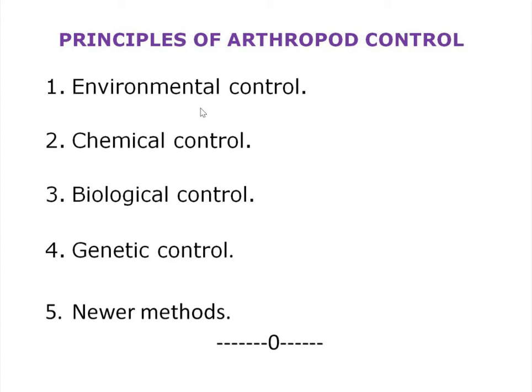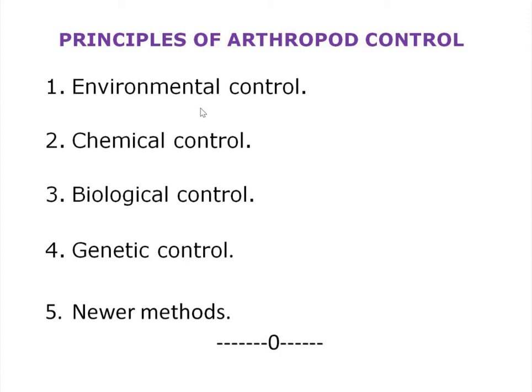Environmental control means making some changes in the environment. Examples are like source reduction. Suppose mosquitoes are there. Wherever the mosquito breeding places are, where it lays eggs and where it forms the larva, removing those places is called environmental control.